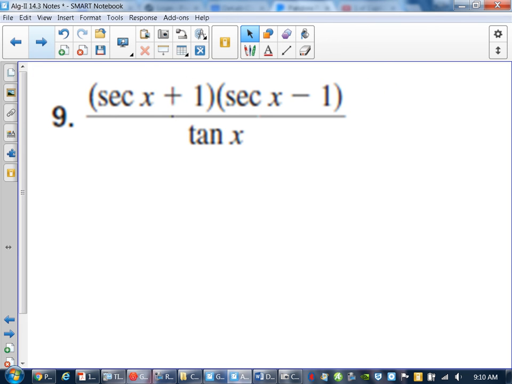Let's try to simplify. So you have secant plus 1, secant minus 1.